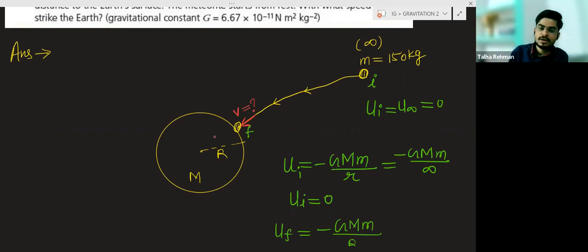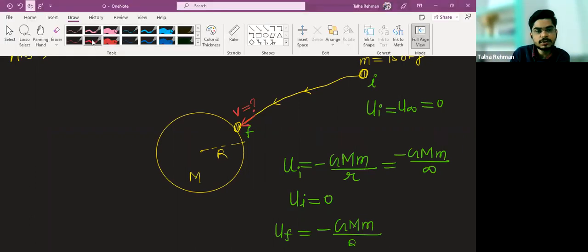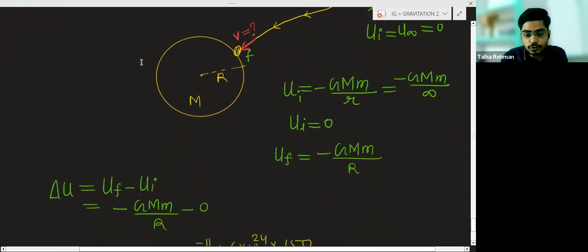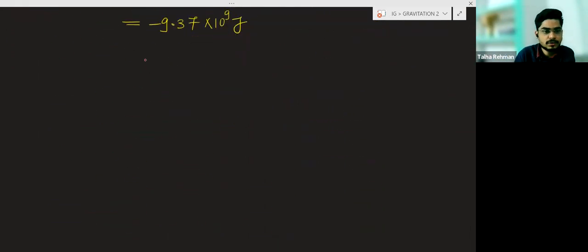Very simple. I told you about conservation of mechanical energy. Mechanical energy of any system is the potential energy plus kinetic energy. So we will apply the conservation of mechanical energy. And first you should know what is conservation of mechanical energy.